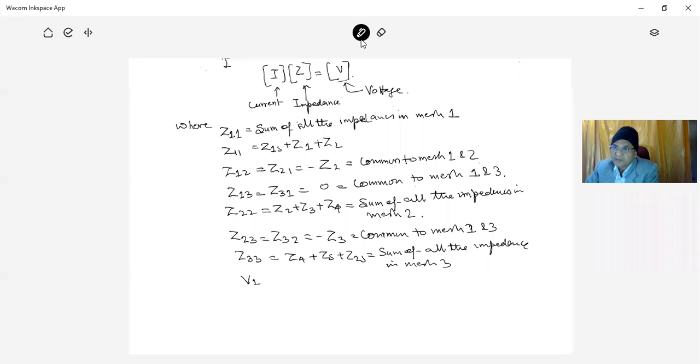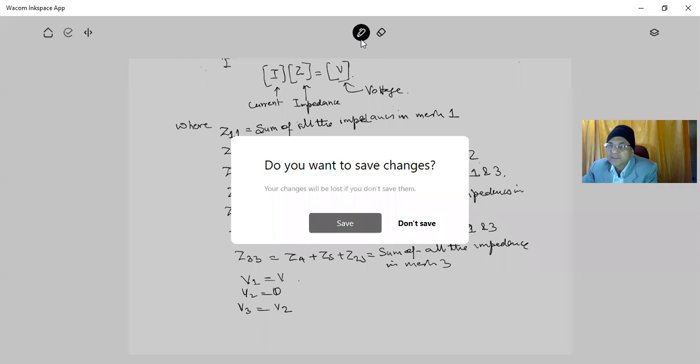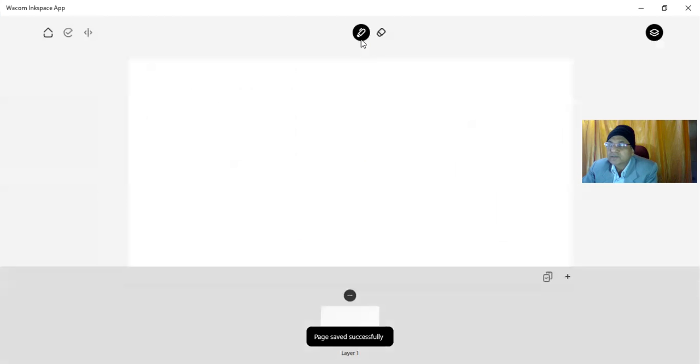And then V1 is voltage V1, V2 is 0, and V3 is V2. So these are the values of the different components in the mesh equation.